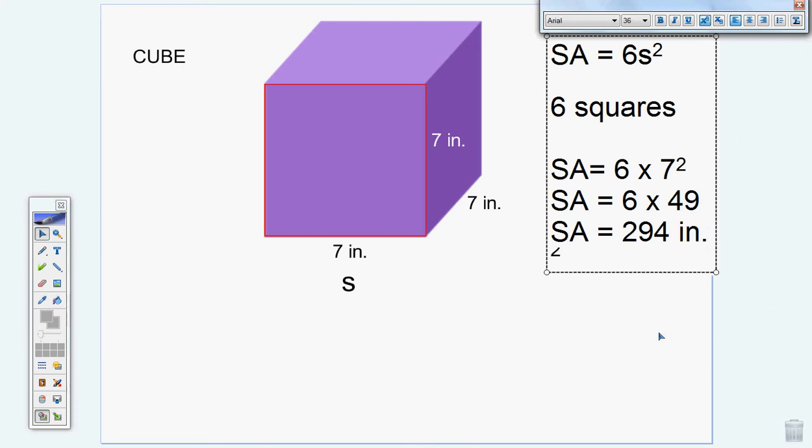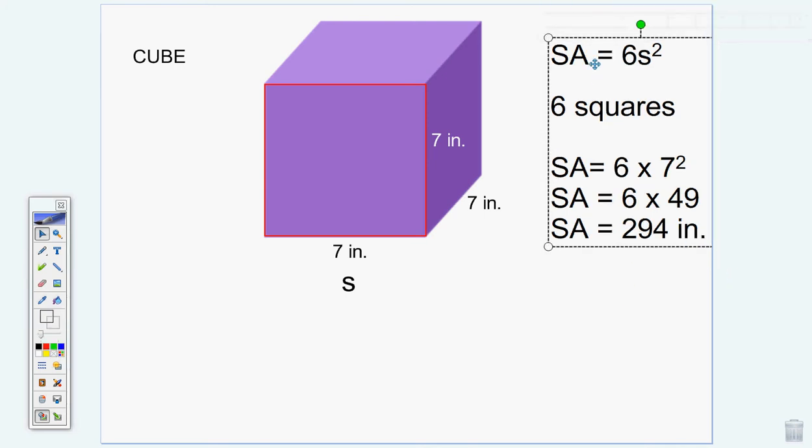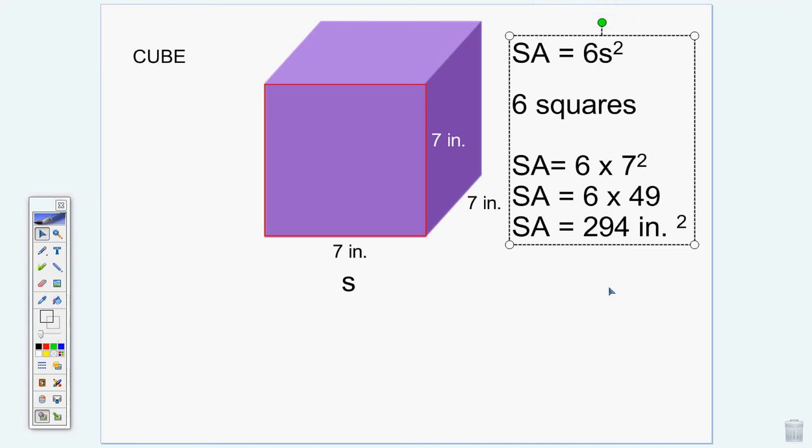That's how many square inches would cover that. Oh, maybe lost it. There we go, square inches, and that's the surface area of the cube.